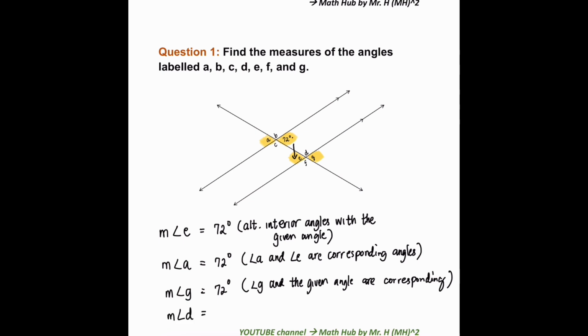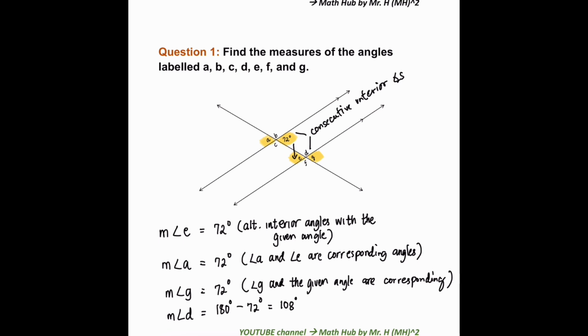We were given 72 degrees, which is in pair with angle D, and they are consecutive interior, right? Consecutive interior angles, by definition, when you add them, you get a total of 180 degrees. Now, to find the measure of angle D, it's going to be 180 degrees minus 72 degrees, which is equal to 108 degrees.